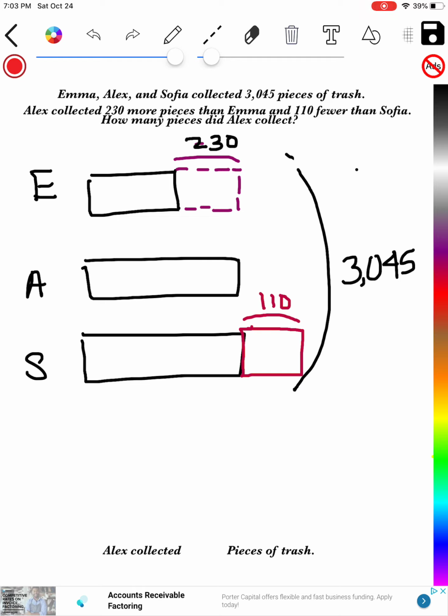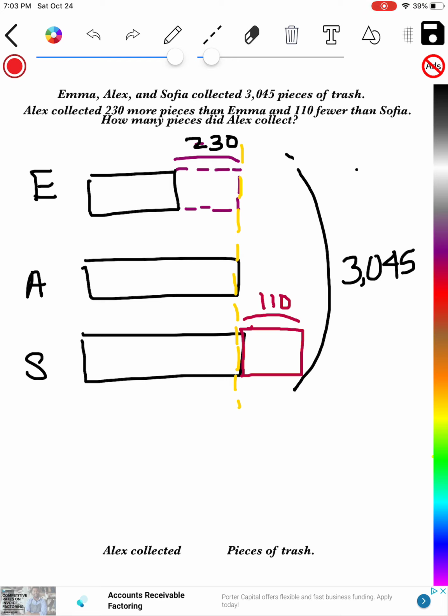So I'd like you to realize here that if all three units, Alex's unit, Emma's unit, and Sophia's unit, were the same size, then we could actually divide the total, that 3,045, by 3, the number of people collecting trash. We're actually going to make them the same size to see exactly how much Alex and Emma and Sophia collected. And I know this problem is only asking for how much Alex collected, but if we solve the rest of it, it'll help us with other problems as well.